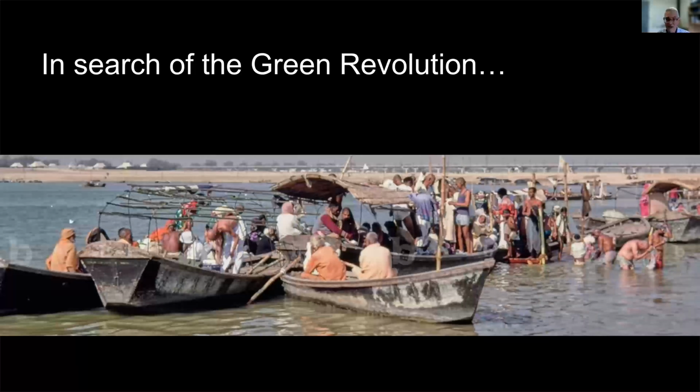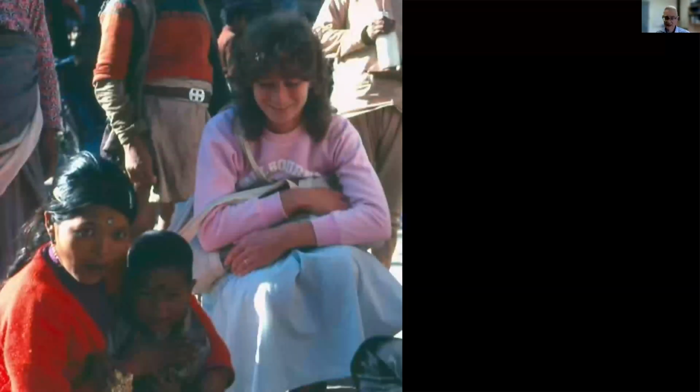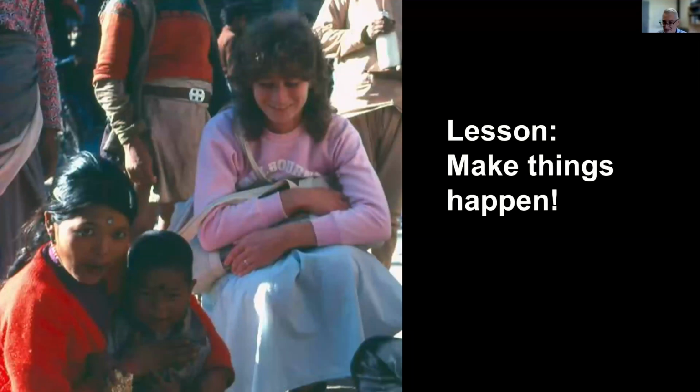Then my new wife, Carolyn, came and joined me. And we spent time with a team of agriculturalists, educators, medical doctors in villages, and just looking at the impact of the Green Revolution. And I became convinced that it was a really worthwhile thing to put time into.